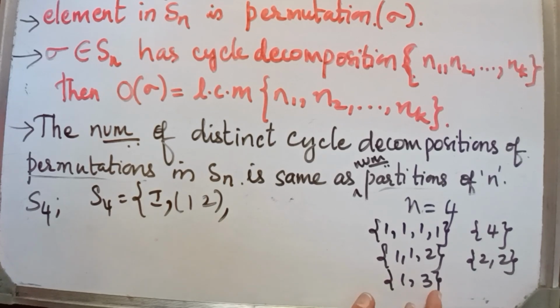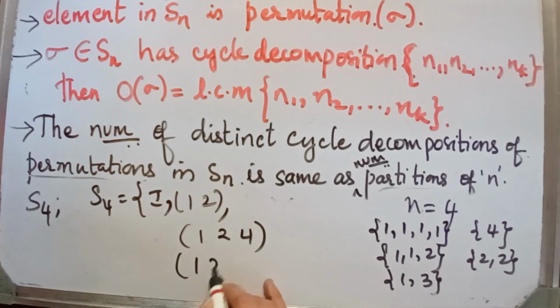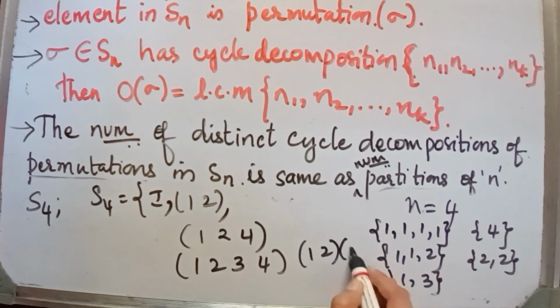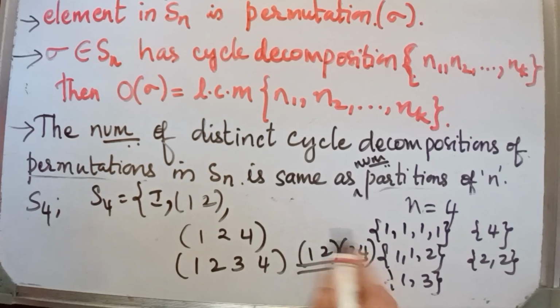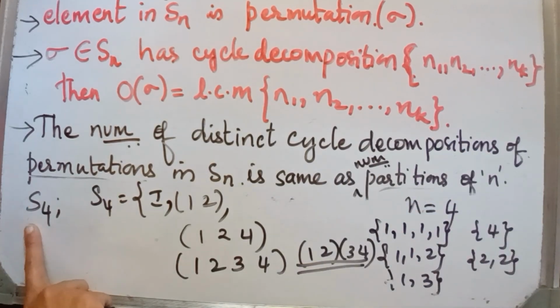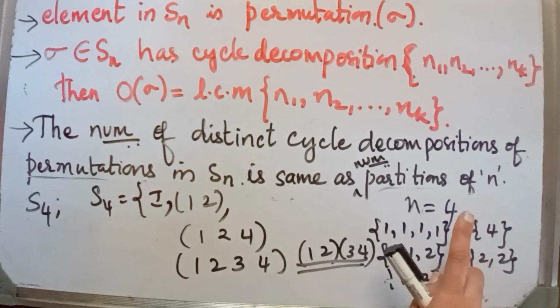Then (1 3 ...) means you have a cycle of length 3, (1 2 4), like that. Then you have a cycle of length 4, (1 2 3 4). Then you have (1 2)(3 4), like this, a product of cycles of length 2. These are the possible cycle decompositions in S4. Other than these 5, you don't have any other possibility.